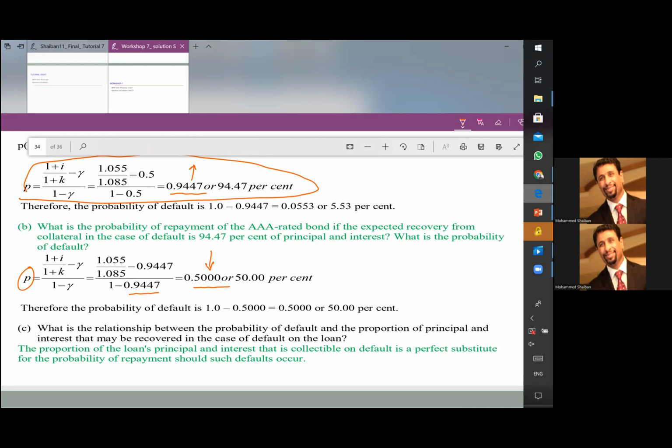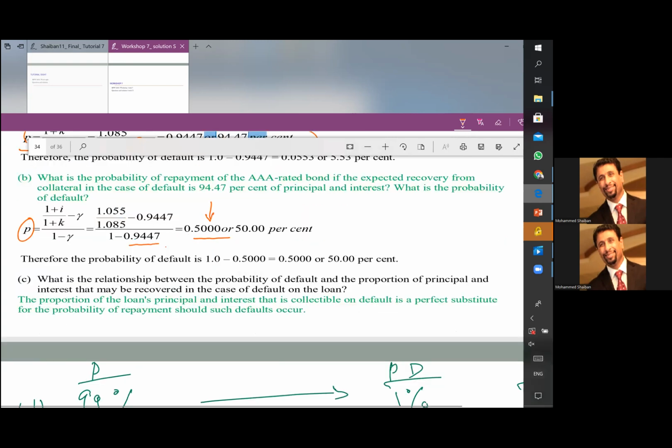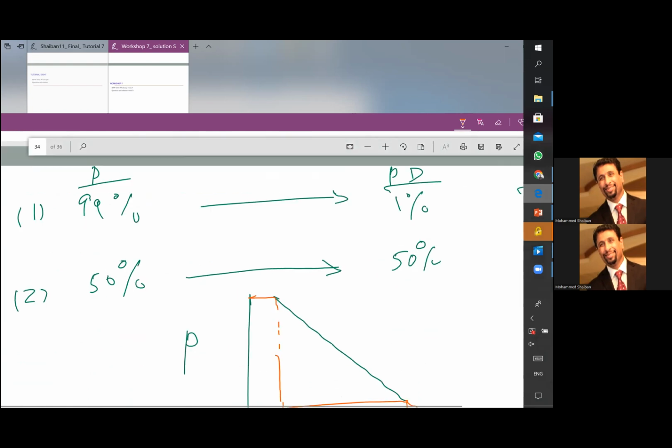When you have a probability of payment of 95%, you need only a 50% collateral. Here you need a collateral of 94%, almost the whole loan; here, only 50% of the loan. This actually reflects what we are talking about.